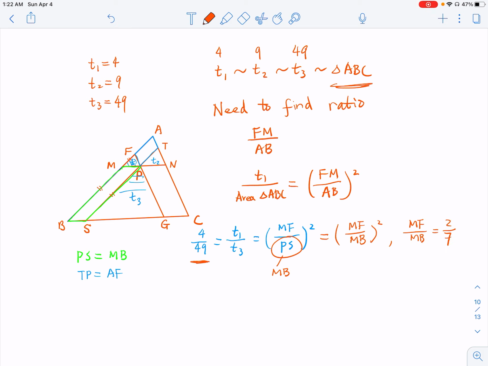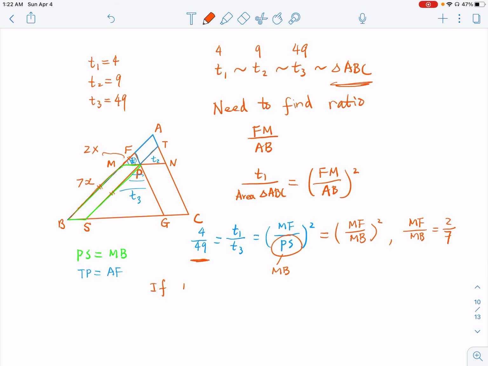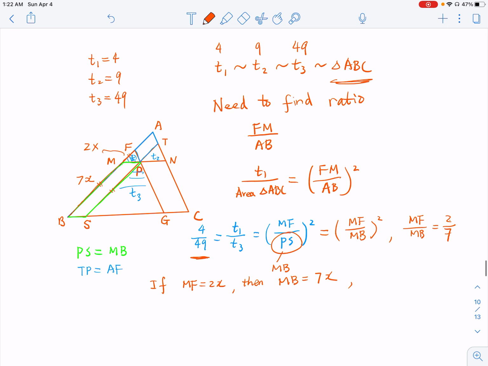So if this is 2, this would be 7. Let's assume this is 2x, then this would be 7x. In other words, if MF equals 2x, then MB must equal 7x, because the ratio is 2 to 7. You may ask, what is x? It doesn't really matter, x is some number.